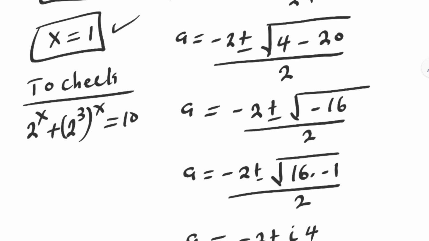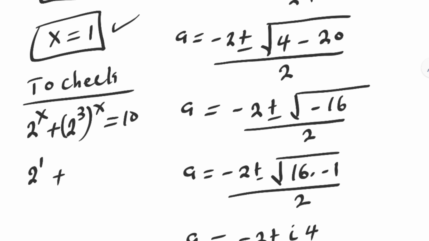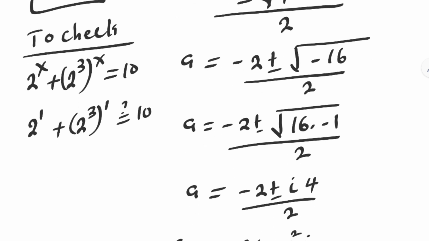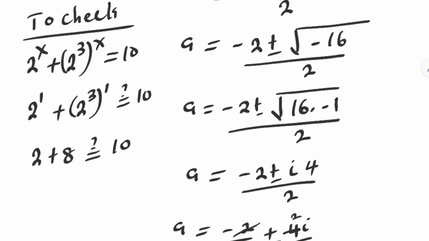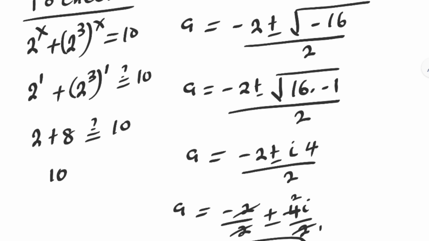Now, if x is 1, we have 2 raised to power 1 plus 2 raised to power 3 to the power of 1 must be equal to 10. Then this is 2 plus 8, which is 10, equal to 10, which is true.